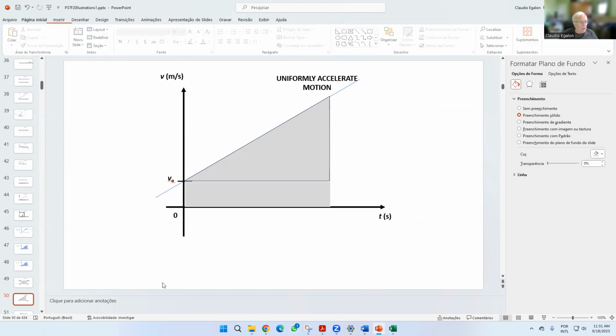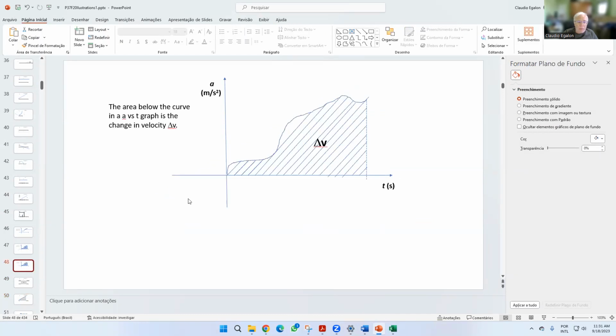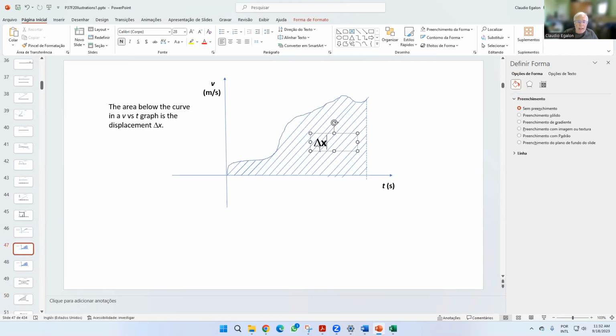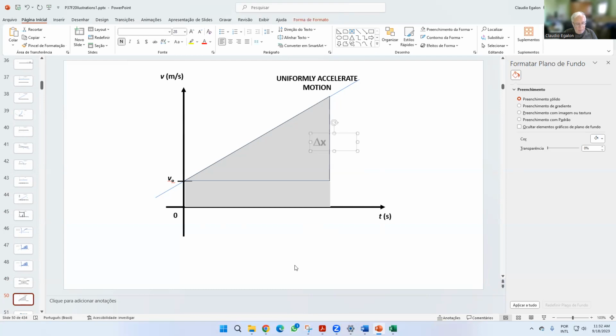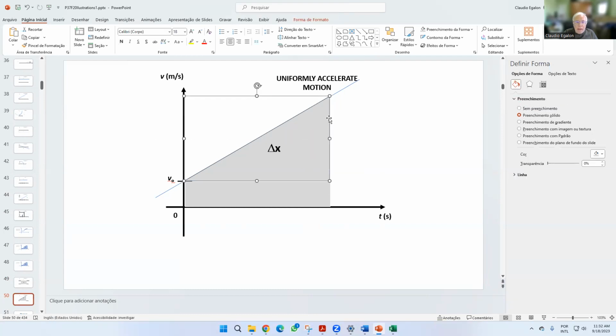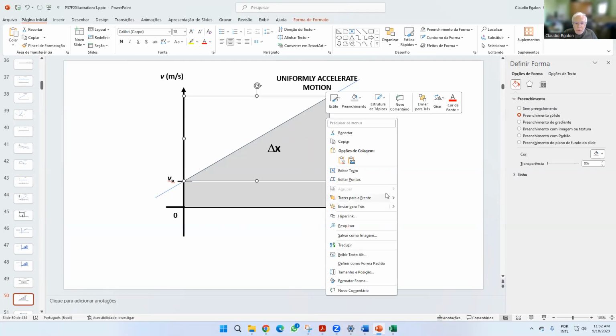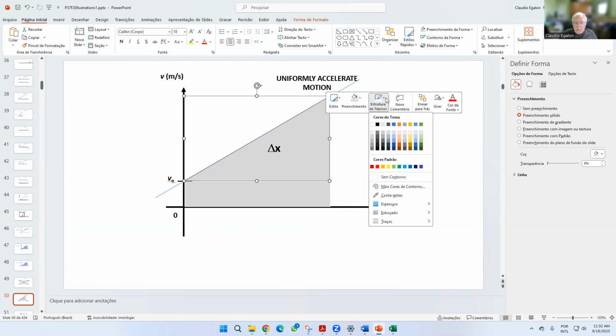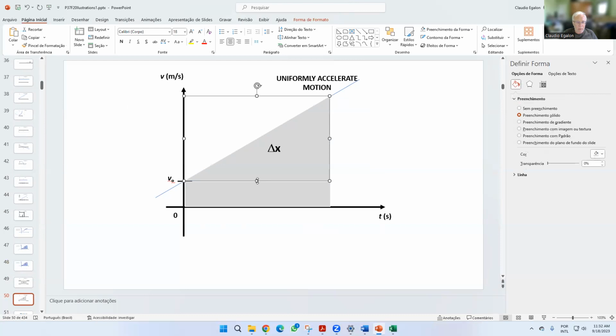It's like you saw before. It coincides with delta x. I want to eliminate this. Okay, better now.